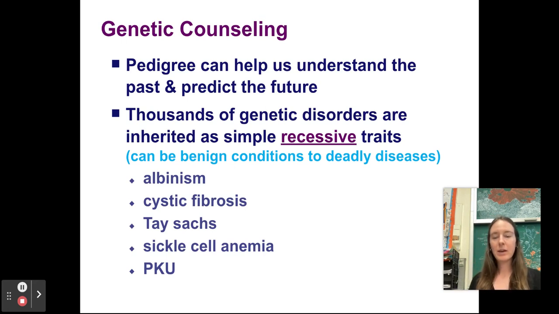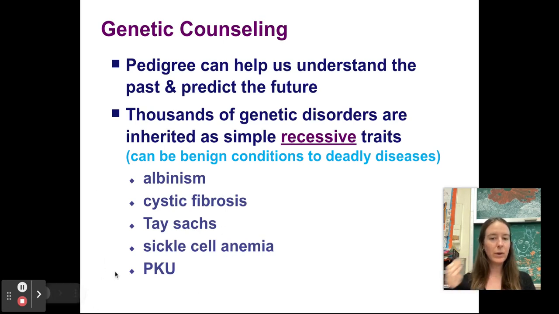If you have one dominant and one recessive, then you will not get these genetic disorders. So these require a recessive allele from each parent, which means both parents must either have that genetic disorder or be a carrier.